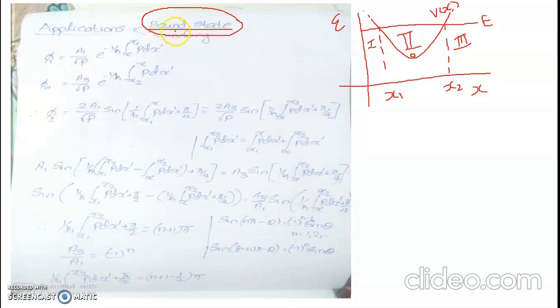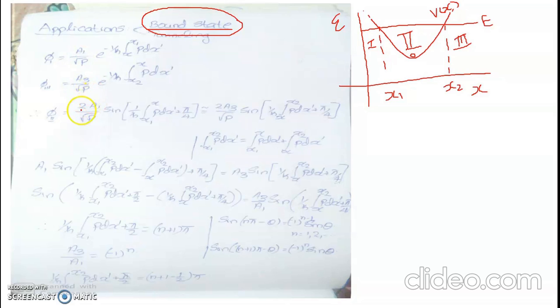The wave function in region 1 is a decreasing exponential. A decreasing exponential wave function in the non-classical region is to be replaced by a sinusoidal oscillation with this additional plus pi by 4 term, with this integration being a positive limit, and the constant multiplying the sinusoidal oscillatory wave function needs to be twice the constant multiplying the decreasing exponential term.